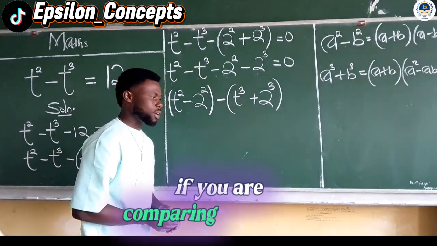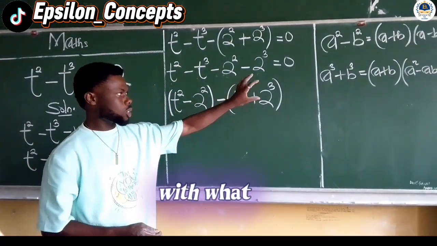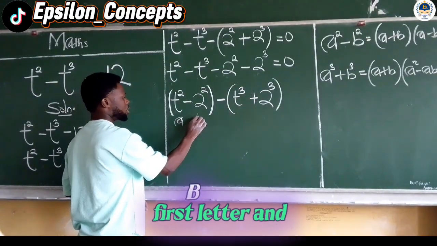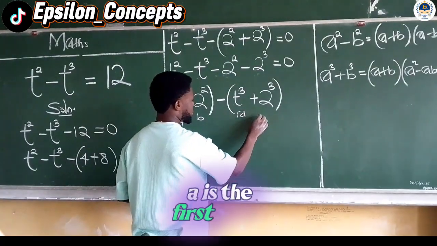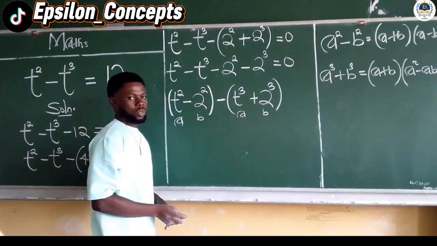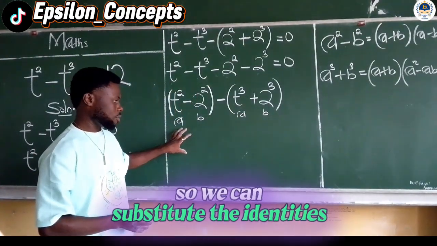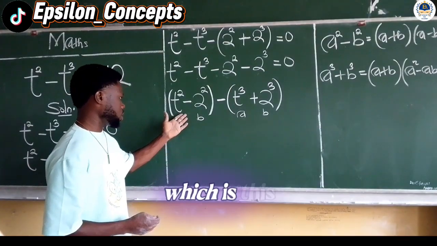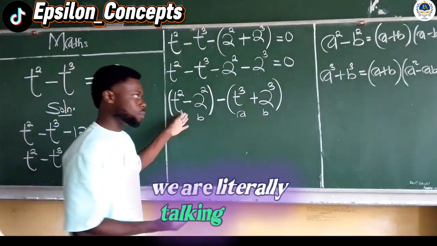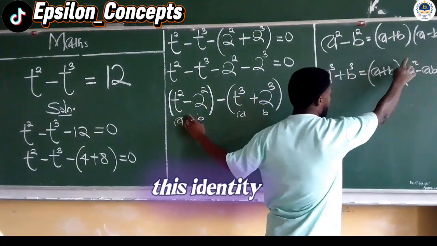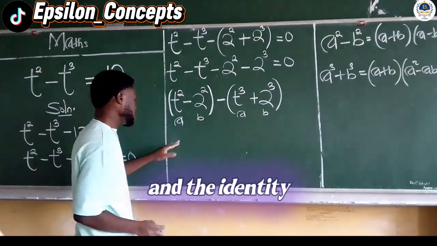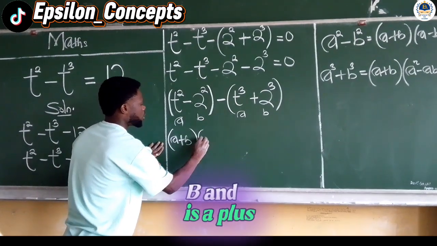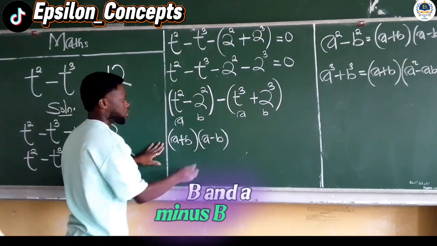If you are comparing the letters with what we have on the board, a is the first letter and b is the second. So we can substitute the identities from this point. If we are considering the first bracket, we are literally talking about this identity on the board, and the identity is a plus b and a minus b.